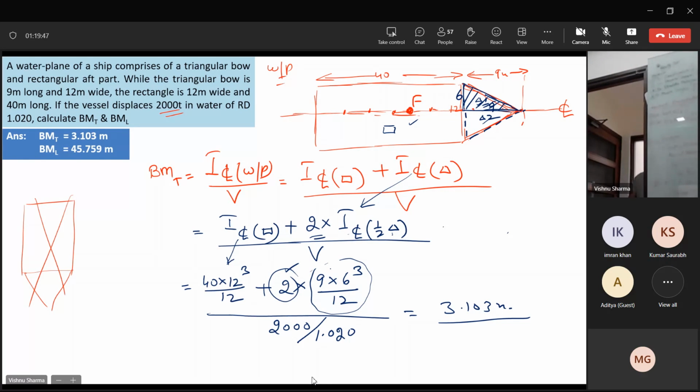Yes or no? The BD cube by 12 formula is about an axis coinciding with the base. Am I right? Yes, sir. Is the center line the base of the full triangle? Yes or no? No. Suraj, for the full triangle, is center line a base of that triangle?